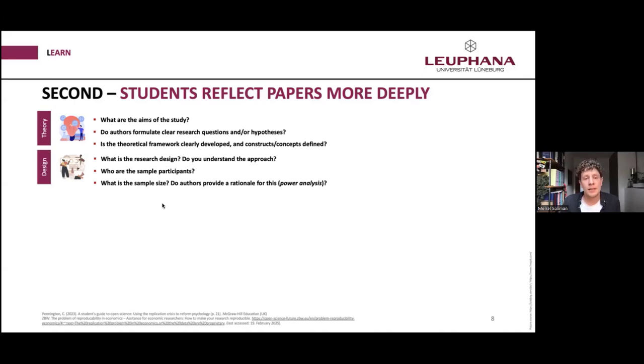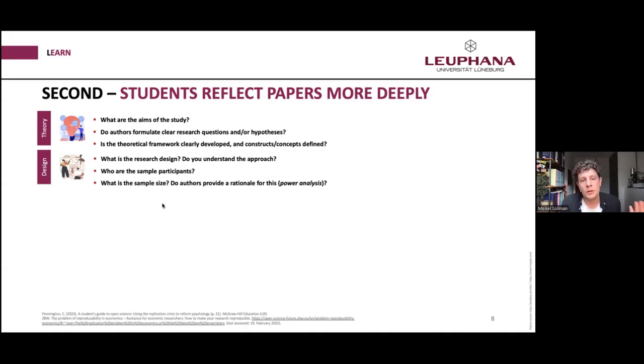Usually in the past, or not usually, but from time to time in the past, you had studies that conducted their analysis based on 20, 30, or maybe 35, 40 participants. And that was all that they had. Now we have learned that there is something called power analysis, meaning that before you conduct a study, you can calculate how many participants you need in order to find a specific effect that you're looking for.